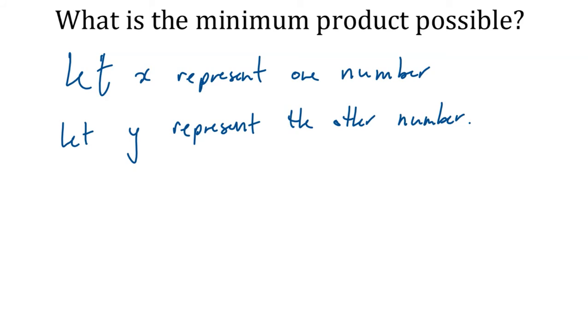What does it mean if they have a difference of 12? You're subtracting. So x minus y is 12. The difference between the two of them is 12. So that's the only thing that's different about this question. Everything else is going to be basically the same.